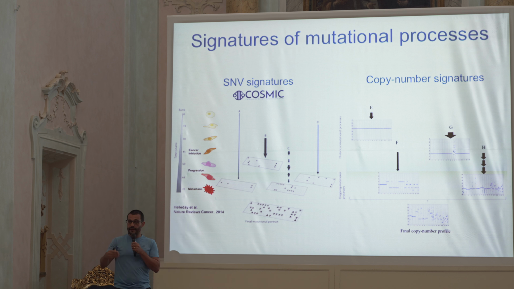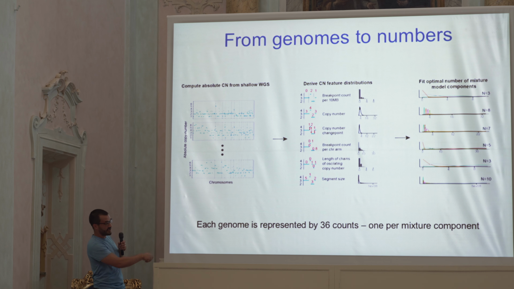So you identify a process by a certain set of mutations, and what you see in the end is the weighted sum, because maybe you got very little light, but you were a heavy smoker, so you get a different contribution of these two signatures, or maybe somebody else is a heavy smoker, but is also always out in the sun, so he gets both. So it's a weighted sum of the contribution of these individual processes.